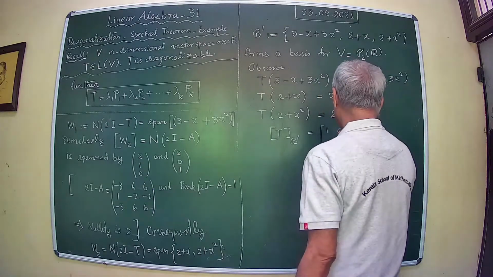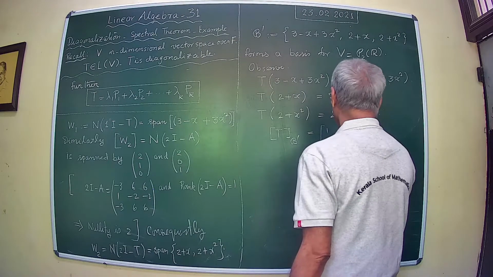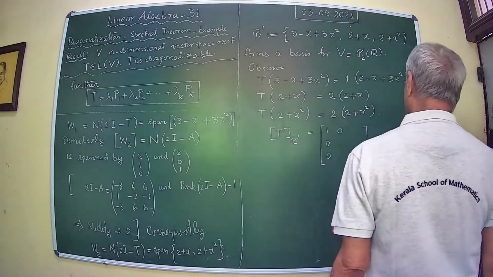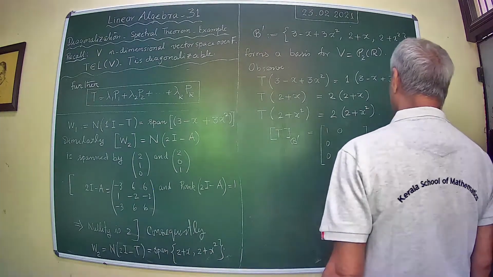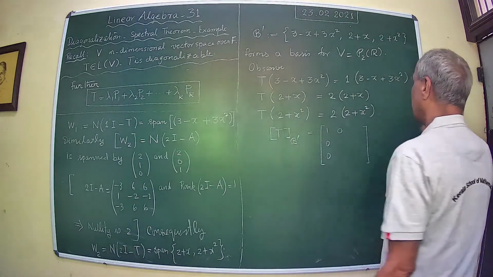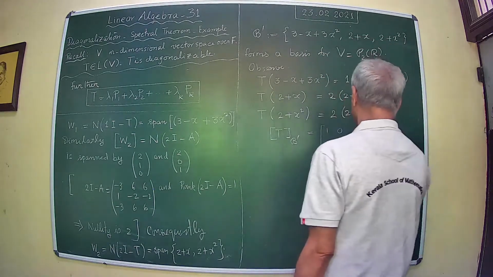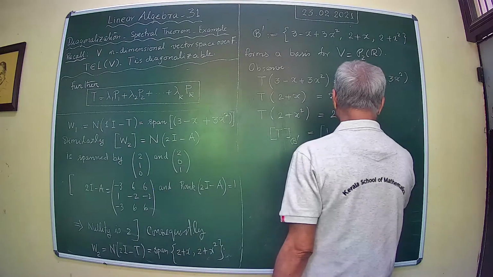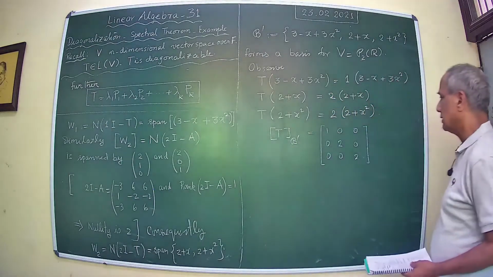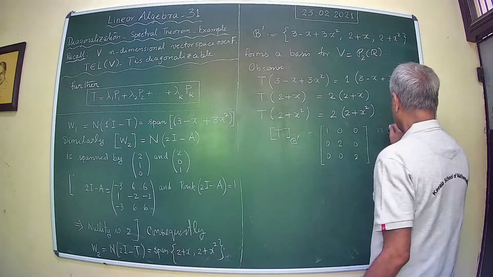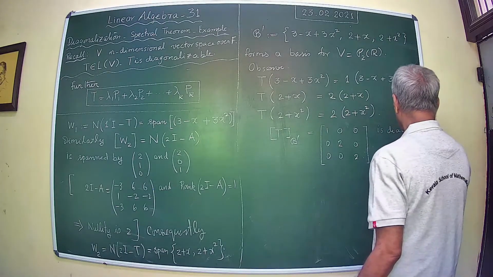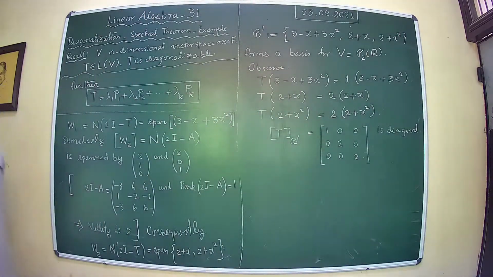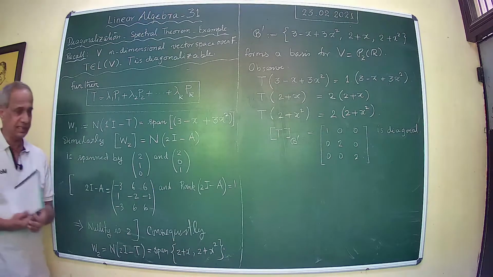The second, similarly for T of 2 plus x equal to 2 times 2 plus x, which can again be written in terms of this ordered basis. So we have successfully diagonalized the problem in this case.